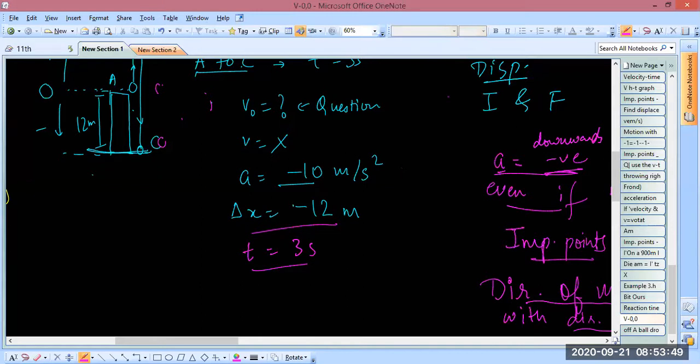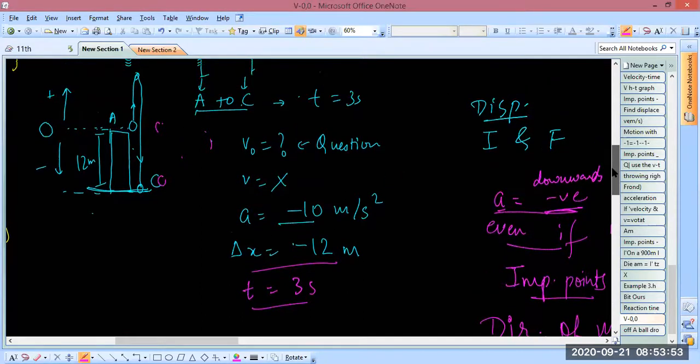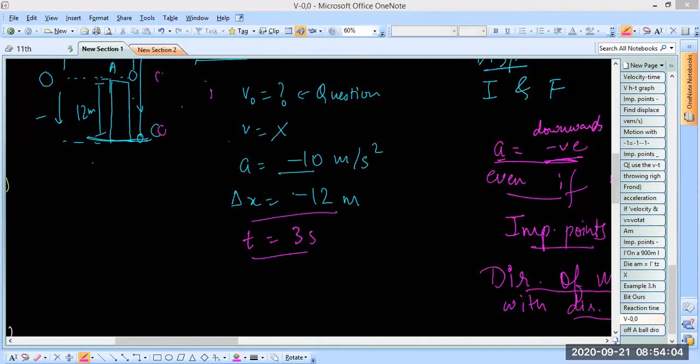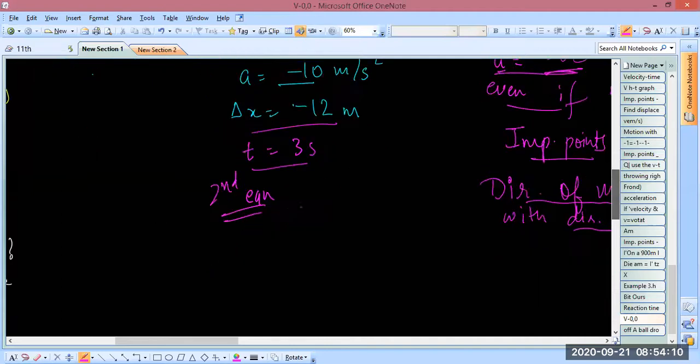So now I hope you realize the third equation is not suitable, because we don't know this. We must use the second equation. That's going to give us 2 into minus 10 into minus 12 is equal to v square.